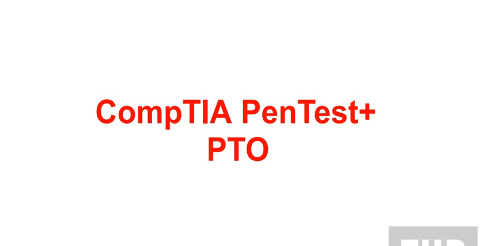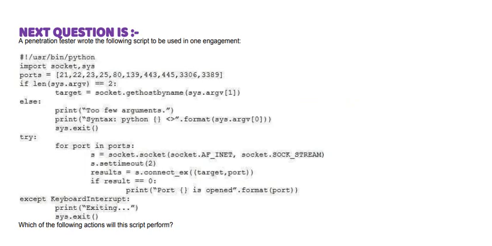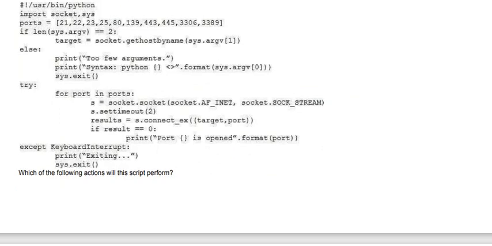Today's question is: a penetration tester wrote the following script to be used in one engagement. Please go through the script. Which of the following actions will this script perform?